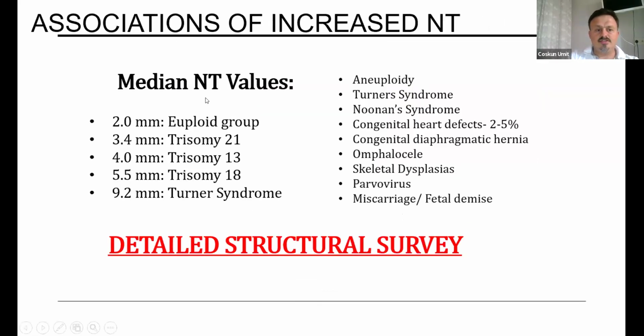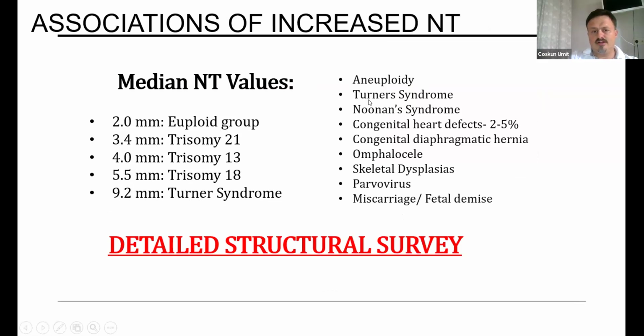There are some NT values here. The euploid group, the median NT value is 2 millimeters. Trisomy 21, it is 3.5. Trisomy 13, 4 millimeters. And if it is very, very thick, it is probably Turner syndrome.